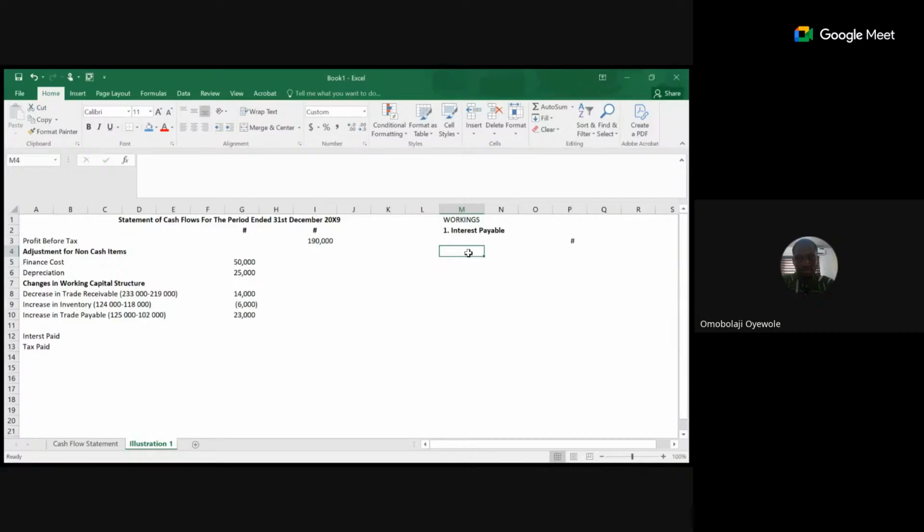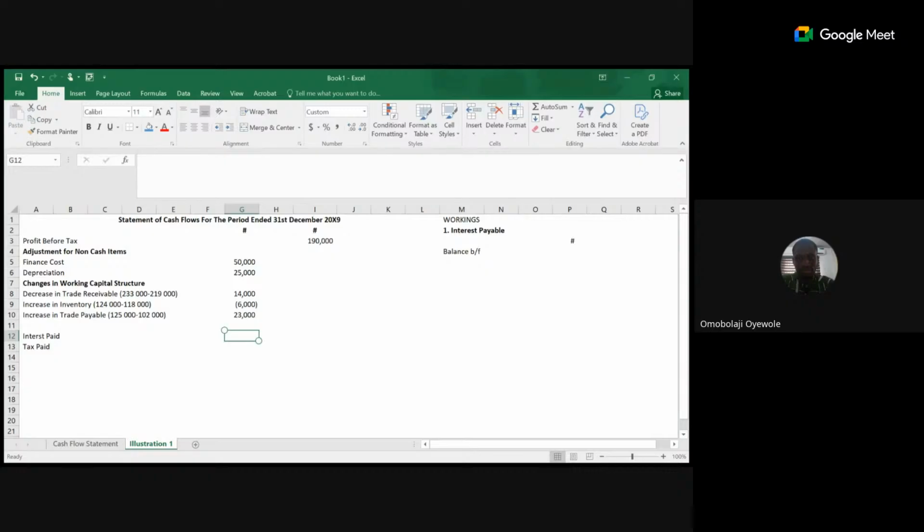So let's look at it. As at the beginning, balance brought forward, my accrued interest. Assuming I don't have these accrued interest charges in the question, my interest paid would have just been my finance cost, which is 50,000. But because of these accrued interest charges, it means that as at the end of the year I am still owing interest.